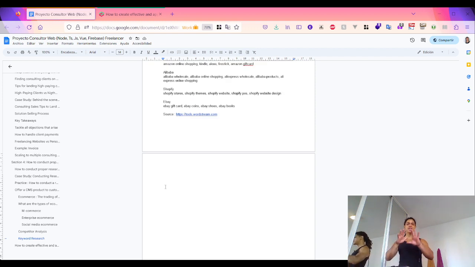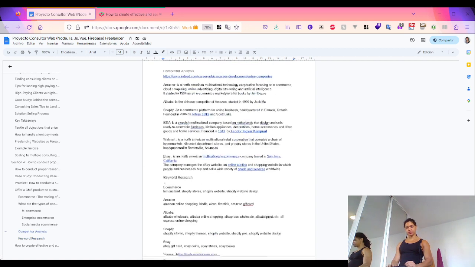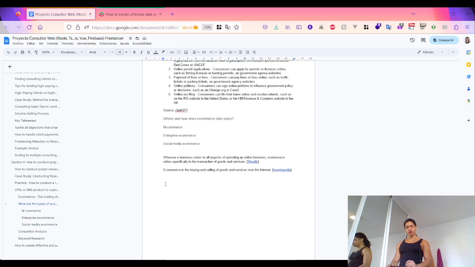Then after all of that, I looked at where e-commerce takes place, and that is on mobile e-commerce, enterprise, or social media.